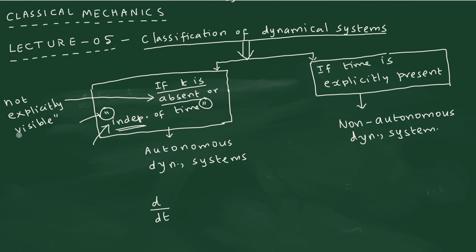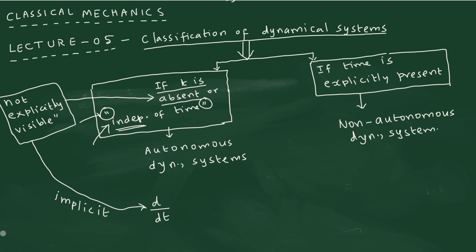This statement is more accurate. Even though it is not explicitly visible, d by dt is present implicitly. That is the ultimate conclusion.